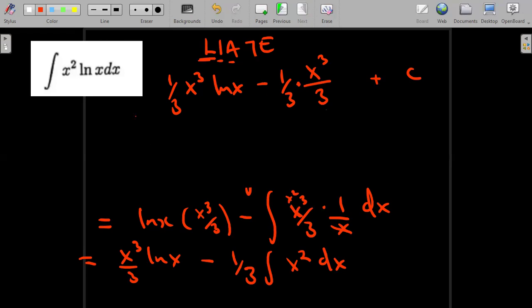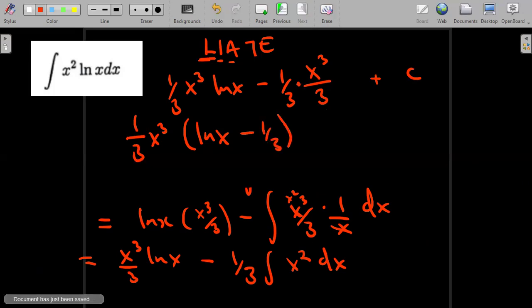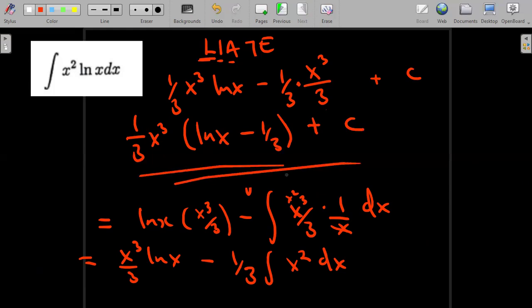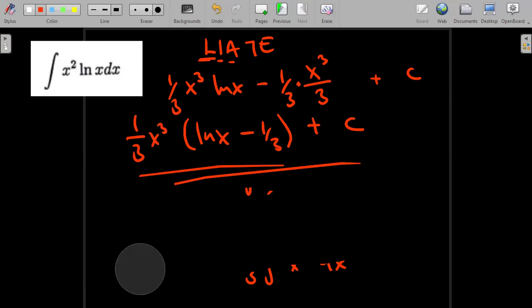So you can factor out 1 over 3 x cubed. Then the first one remains ln of x, and here we remain with just 1 over 3, plus your c. So you have integrated this. That's how you integrate.